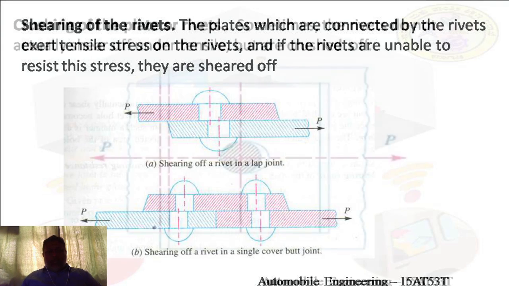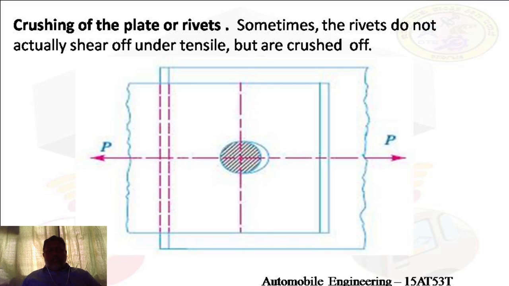Then we have crushing. Due to the plate there may be bulges, or the rivets may get slackened due to the bulging of the plates, and under crushing load the plate will be crushed.